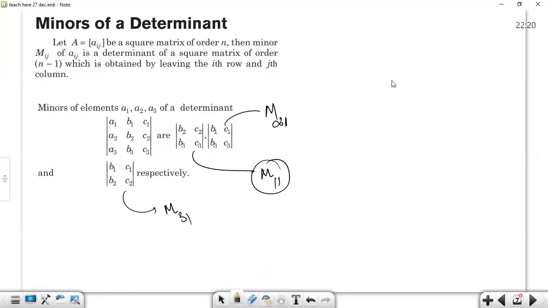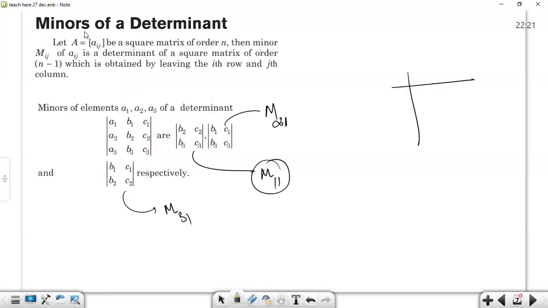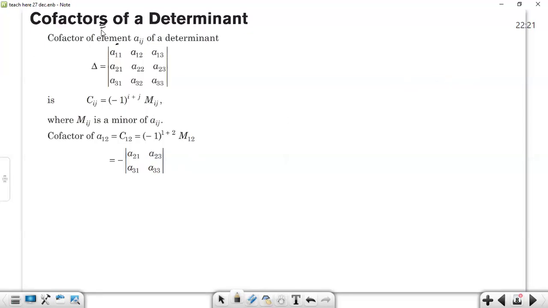Basically, excluding the respective row and the respective column and taking the determinant of the remainder. Now remember that minor and cofactor do not exist for a particular matrix. They are taken in consideration with a particular element. So we find the cofactor for any particular element.